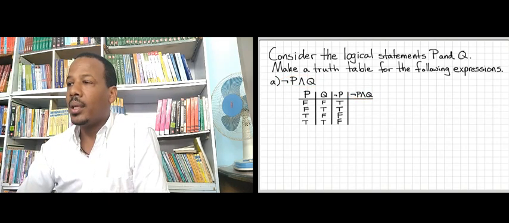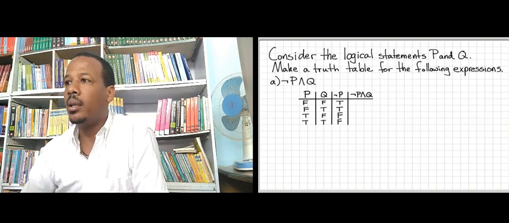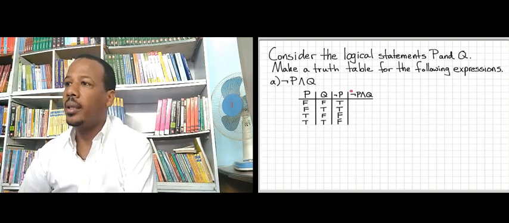So it is the third column, negation of P, and the second column, Q.